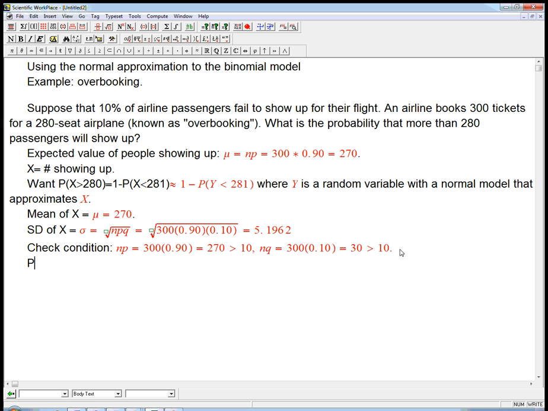So the probability of a normal being less than 281 is just the normal CDF from, say, minus 1,000 to 281, with a mean of 270 and a standard deviation of 5.1962. I'll do that on the calculator here.